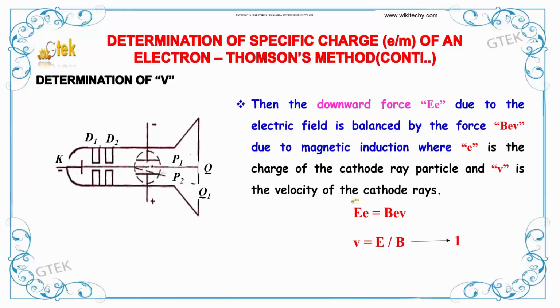So the downward force eE is balanced by Bev due to magnetic induction, and v is the velocity of the cathode ray. Equating eE and Bev, you get E equal to Bv, and v equal to E divided by B. This is your equation.